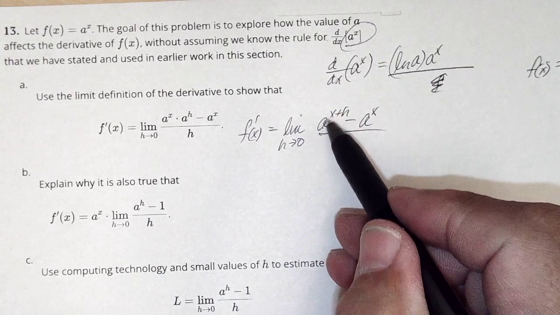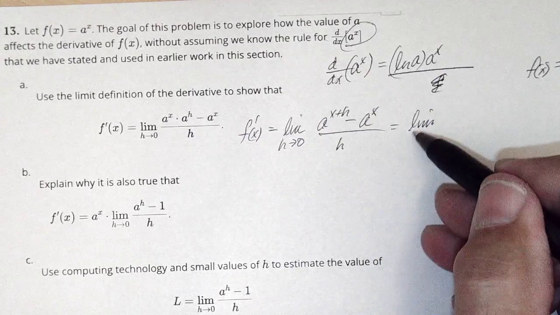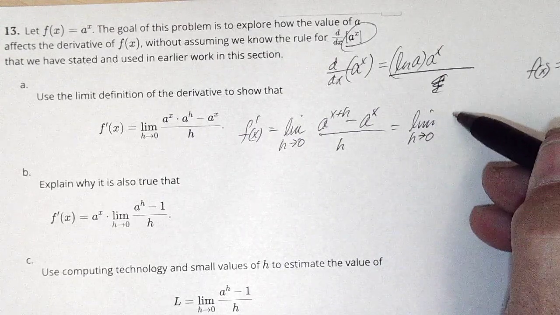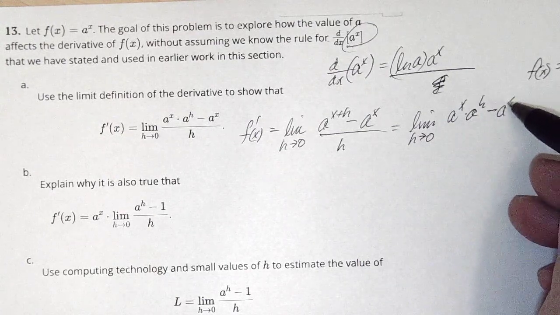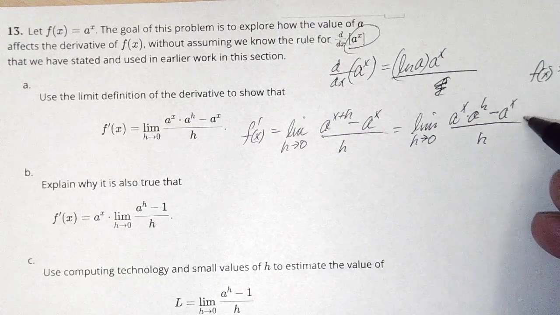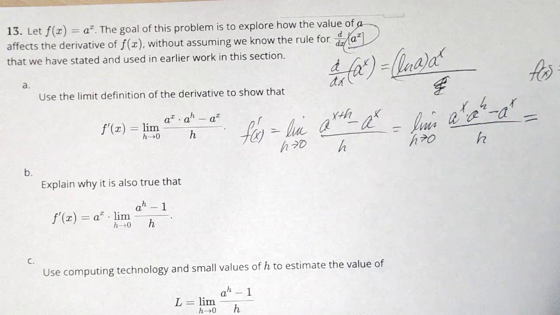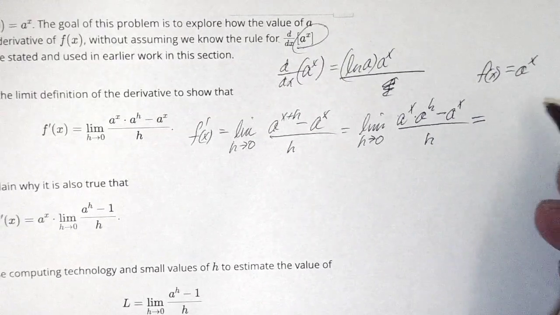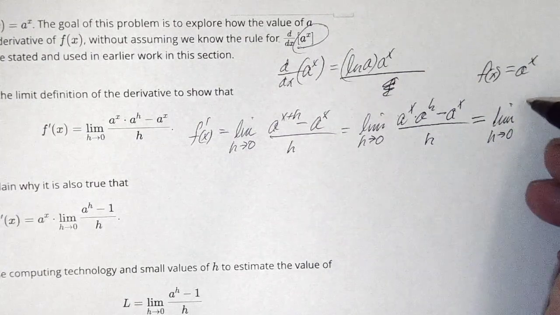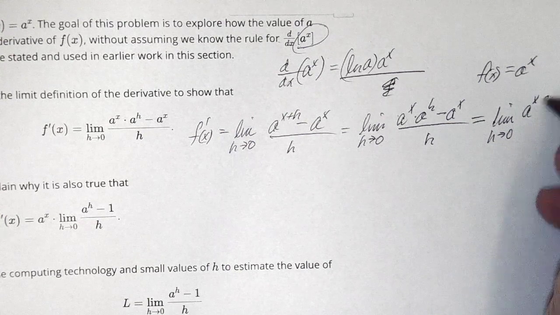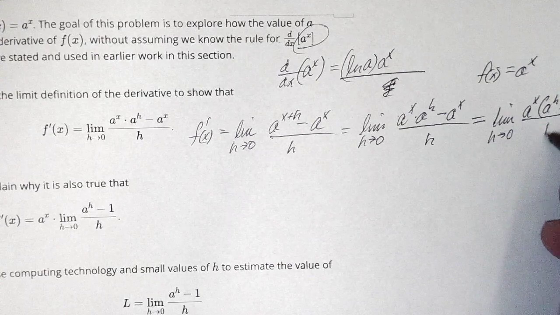And if you've got a base with added powers, that changes to the limit as h approaches 0 of a to the x times a to the h minus a to the x over h, which changes to, see, we can factor out an a to the x. So we get the limit as h approaches 0 of a to the x times a to the h minus 1 over h.